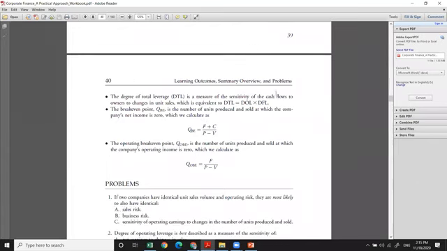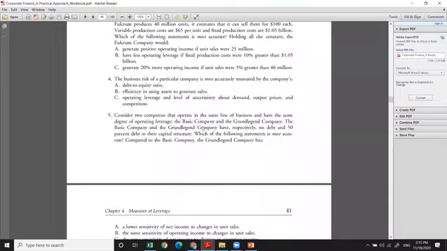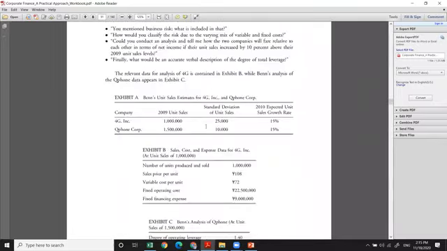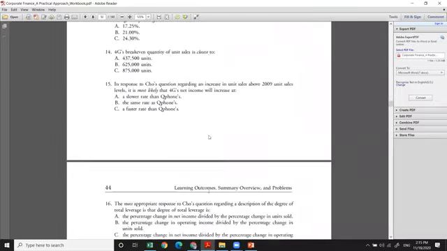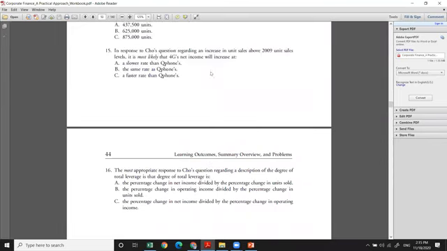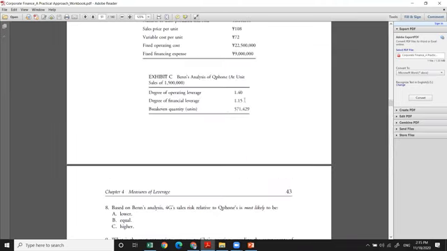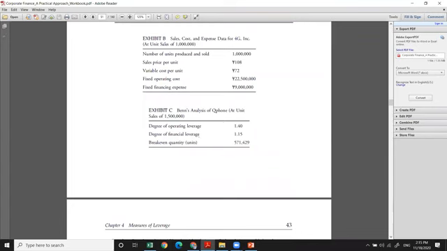Okay. Again, same here. You just substitute everything into the formulas, all the numbers that are given here. Like the degree of operating leverage is given, degree of financial leverage is given in the question above. Here, operating and financial leverage.